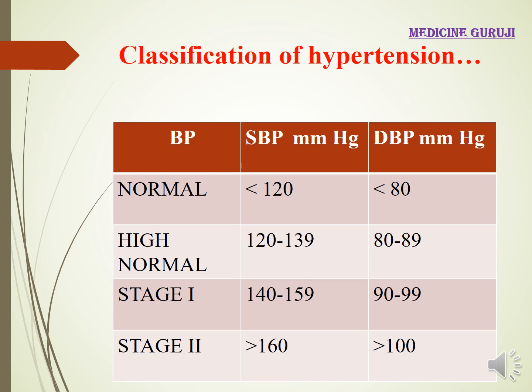Stage 1 is systolic 140 to 159 and diastolic 90 to 99, and stage 2 is systolic more than 160 millimeters of mercury and diastolic more than 100 millimeters of mercury. Students, try to learn these values. They will be very useful in your day-to-day practice and in OPD.